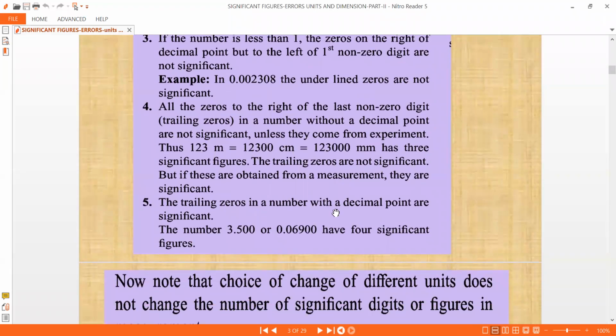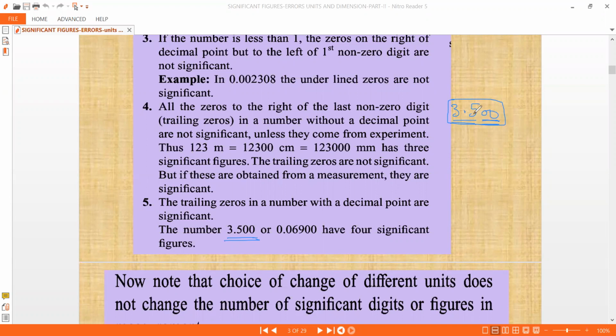The trailing zeros in a number with a decimal point are significant. Let us consider this scenario. What does this mean actually? 3.500. Listen to this carefully. It means that 3.5, I'm confident up to this, and I'm putting these 2 zeros.